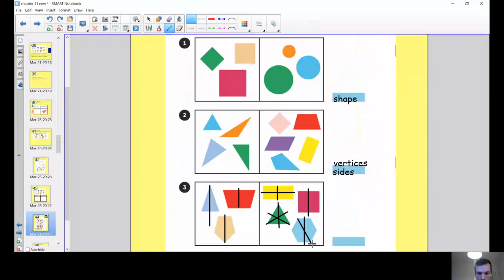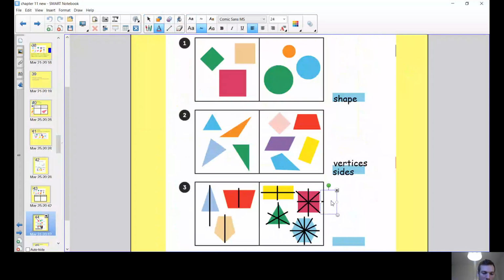This one could take a long time. This one has 6 vertices, and therefore I'm joining up those vertices and I'm joining across the sides. My goodness, there's a lot of lines of symmetry in there. This one has even more. My goodness. So these ones have 1 line of symmetry and these ones have more than 1 line of symmetry.